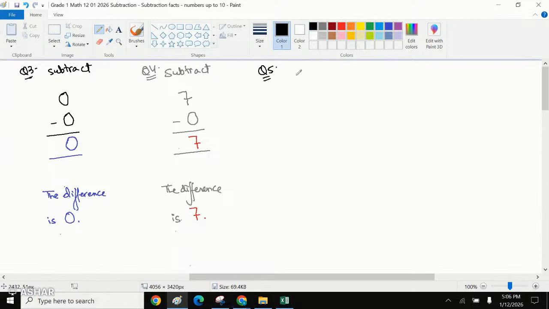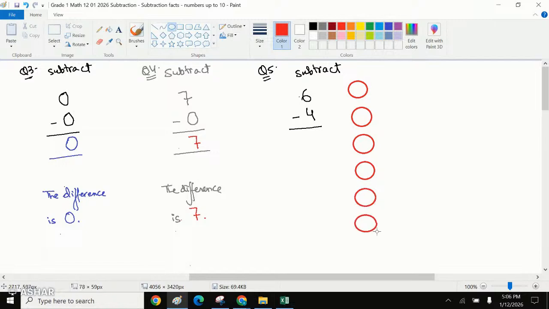Question number 5. It says subtract 6 minus 4. Let's suppose we had 6 circles. We can number them 1, 2, 3, 4, 5, and 6.